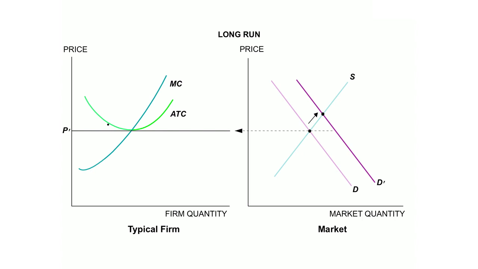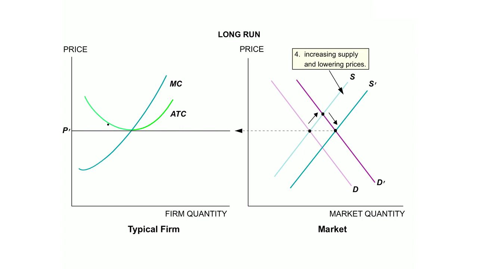So over the longer run, firms will have observed that there were profits to be made. And so as a result, more firms are going to come into the industry. And we represent that by a shift in the supply curve. Remember, the supply curve is the summing up of all those individual supply curves or marginal cost curves. So as the number increases, the supply curve shifts out to the right.